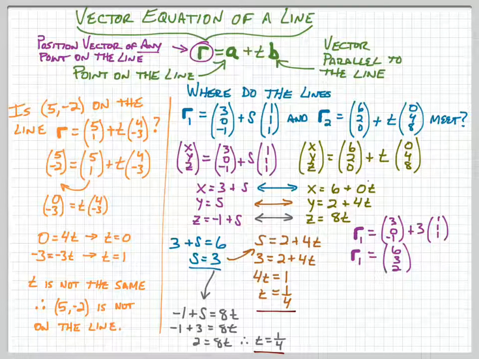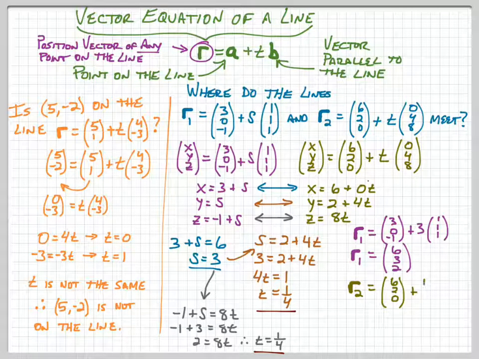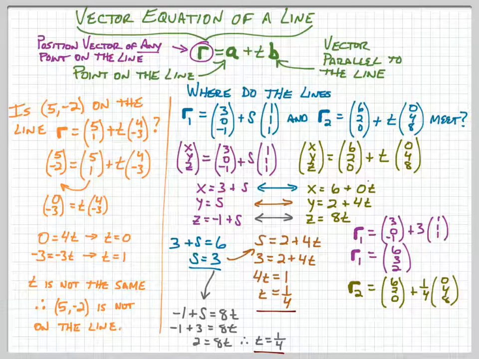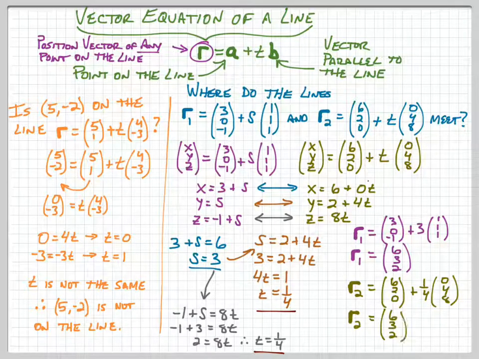We plug in the value that we found for s, which is 3, and we solve for r1, and we get the point (6, 3, 2). Now t we know is going to be 1/4 for r2, so we plug that in and solve for r2. And r2 is going to also equal (6, 3, 2), so we know that these two vectors meet at that position.